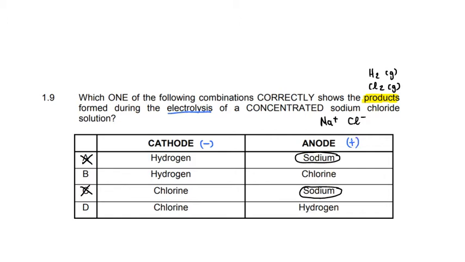Now remember this is a spectator ion, so I don't need to look at it. Looking at the chlorine ions, you can see chlorine is negatively charged, and negatively charged ions will always get attracted to the positive terminal or the positive electrode. So I'm looking for the option whereby I have the production of chlorine gas happening at the anode, and that is going to give me option B.